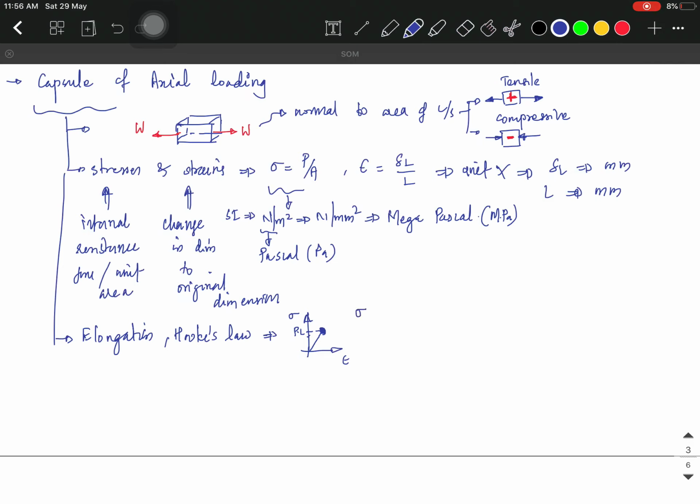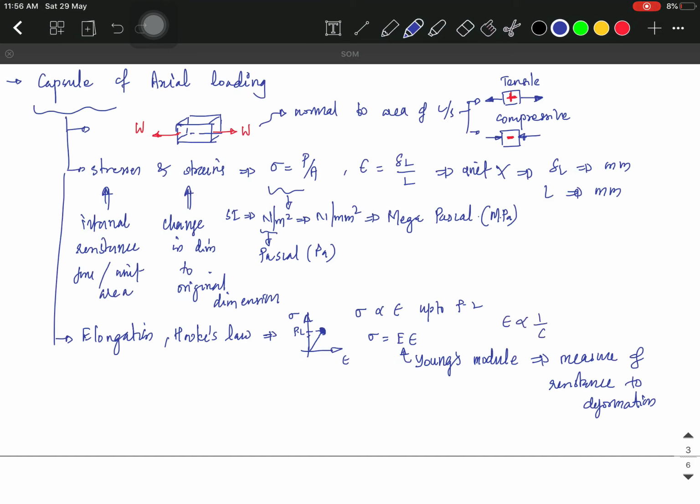So we can write sigma proportional to epsilon up to the proportional limit. We eliminate the proportionality constant by writing sigma equal to E into epsilon, where E is the Young's modulus, which gives a measure of resistance to elongation or deformation.